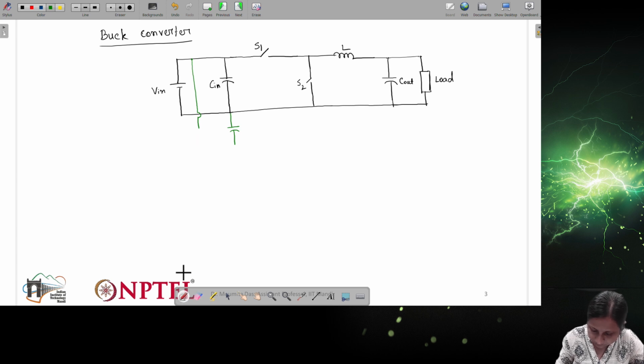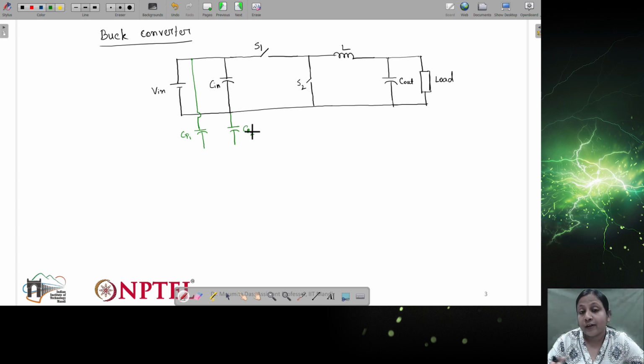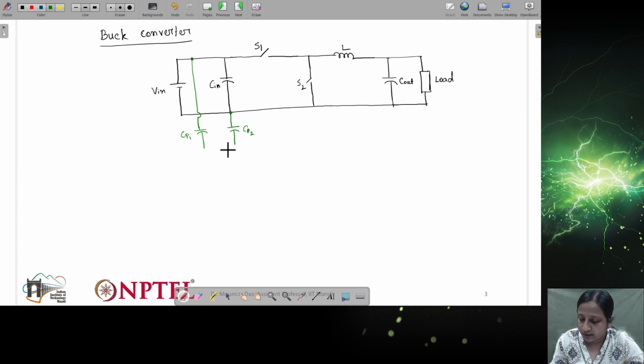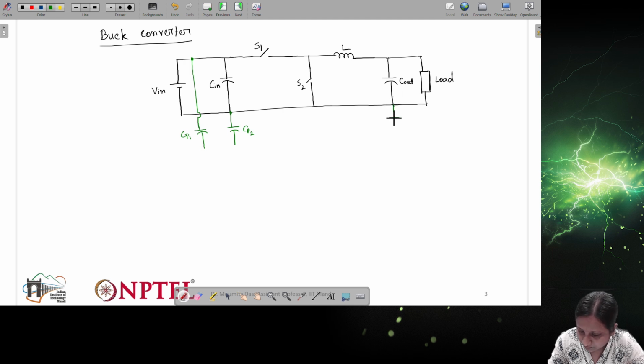Let's say this is CP1, CP2. These all are parasitic capacitances, but the values with respect to different points of the circuit will be different. That is why I'm representing them as 1, 2 like this. And then again there will be parasitic capacitances from here to, let's say, ground.